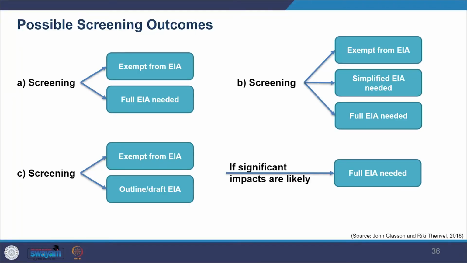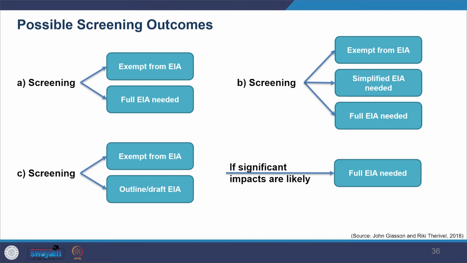Some countries, at the screening stage itself, as per their legislation or procedural requirements, ask for a full EIA at the level of screening, or they may just ask for an outline draft of the EIA. In EIA we see two main approaches for screening. One is the use of thresholds, placing projects in categories and setting thresholds for each project type.